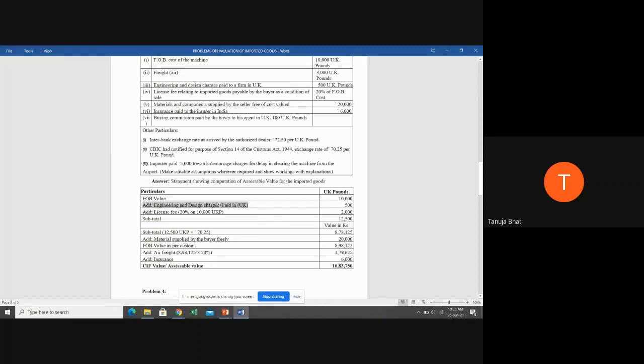Then we have added license fee, which is given as 20% on FOB cost. So 20% on 10,000, because 10,000 is the FOB cost, we got 2,000. The total of all this is 12,500 UK pounds.